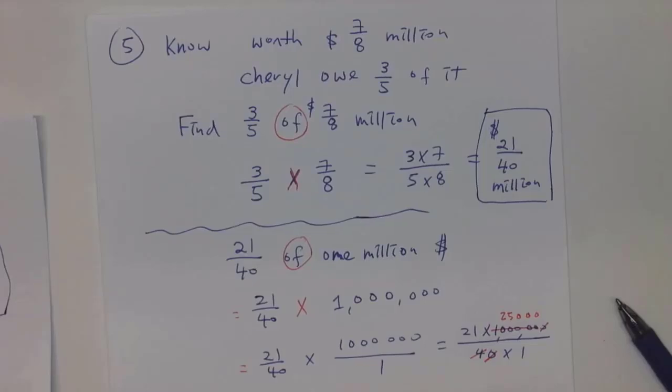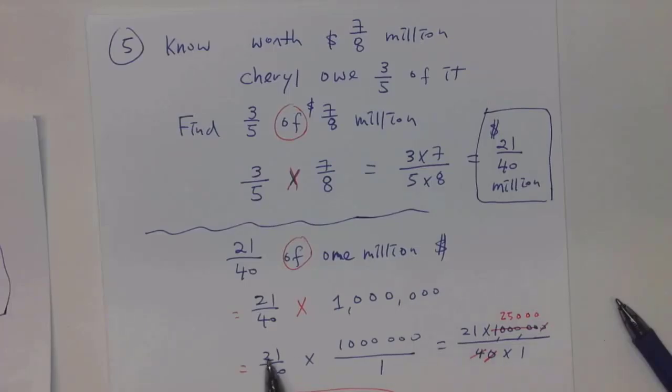Alright. Are we multiplying 21 times a million? Yes. So what did I do? I reduced the top and the bottom. I reduced the 1 million with 40. Anything on top, if they're multiplying together, can be reduced with anything at the bottom.